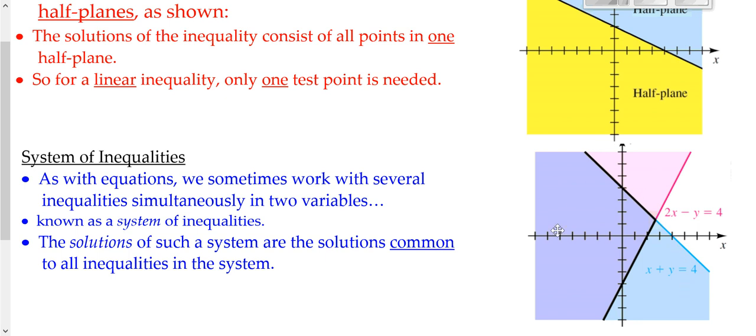If you're looking at the blue line, you'd be shading below the blue line. Your answer is where they both work, and that's the purple here. So you would not have any shading left elsewhere; your final answer would be the shading where the purple is. So just know that your answer for inequalities is where all the shading regions overlap.